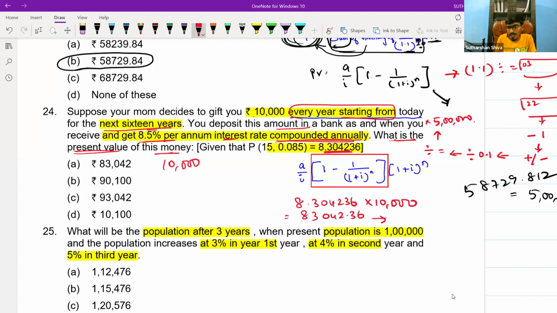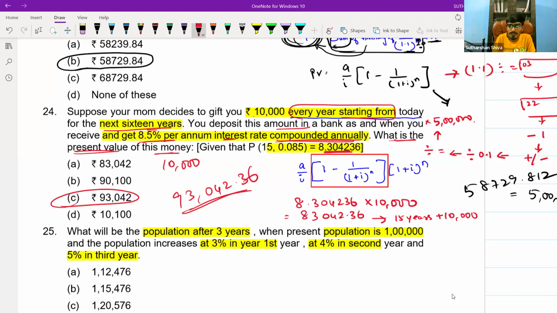This is for the next 15 years. From this, I need to add the present year's immediate value, that is currently 10,000. That 10,000 is still valued at the same 10,000. So if you simply add it, it will become 93,042.36. The answer is option C.